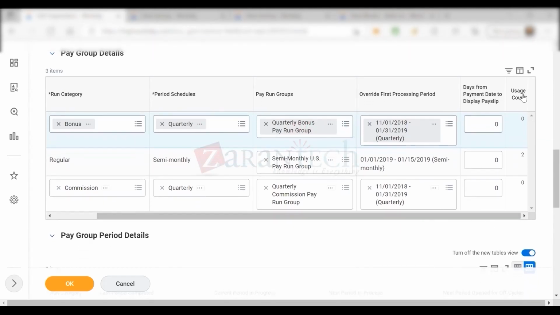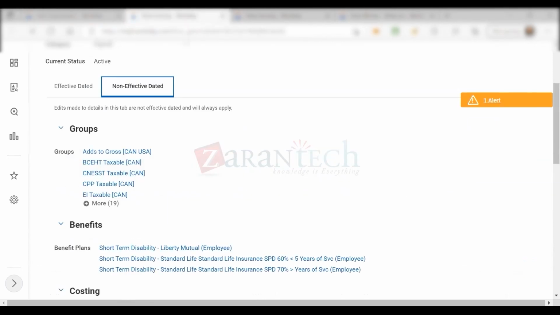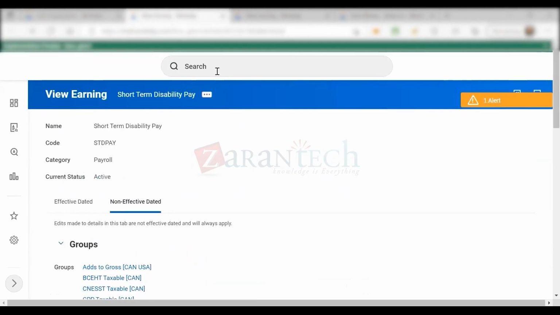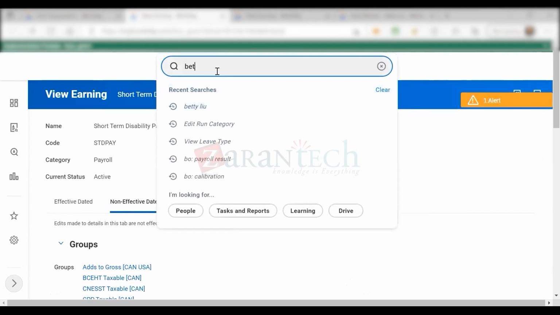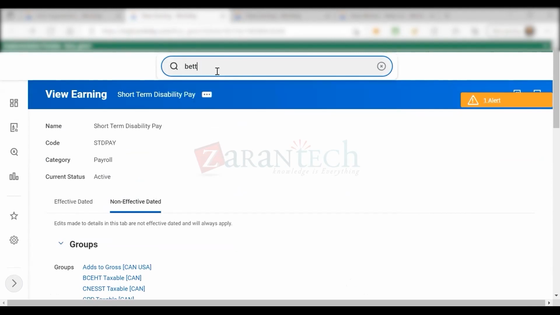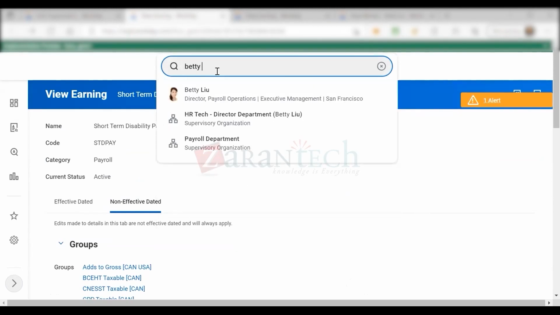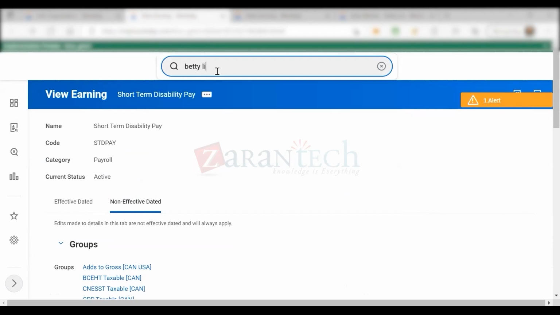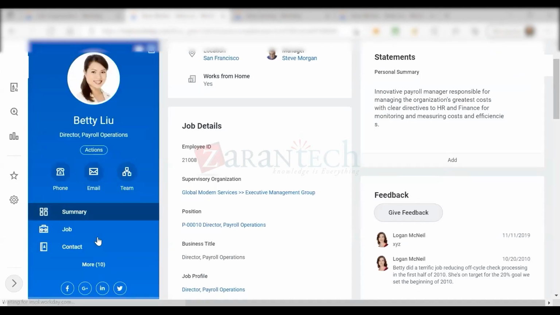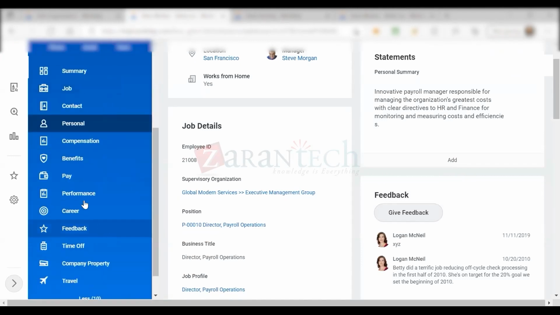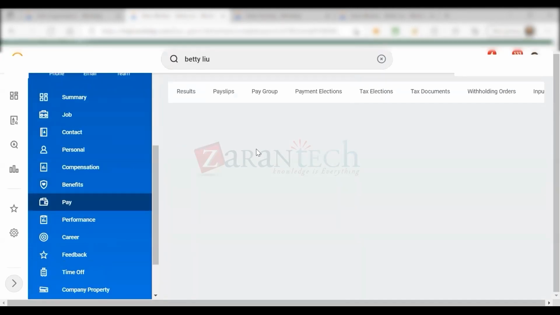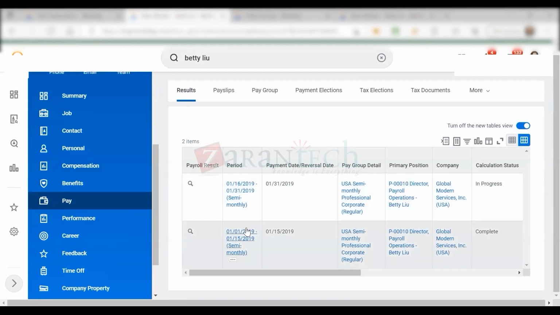Okay. Usage count. Now here there is nothing, but here we have 2. The reason why we have 2 here is because this pay group, period schedule and run category combination is processed on 2 pay periods. If we go and check on Betty, you can see that there are 2 pay periods.